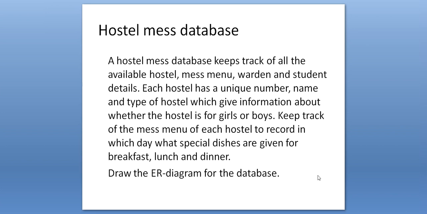Okay, and for the other two remaining entity types, warden and student, detailed information is not given here in the requirement specification. You have to make some assumptions. You have to put some attributes which will describe the student entity type and the warden entity type.